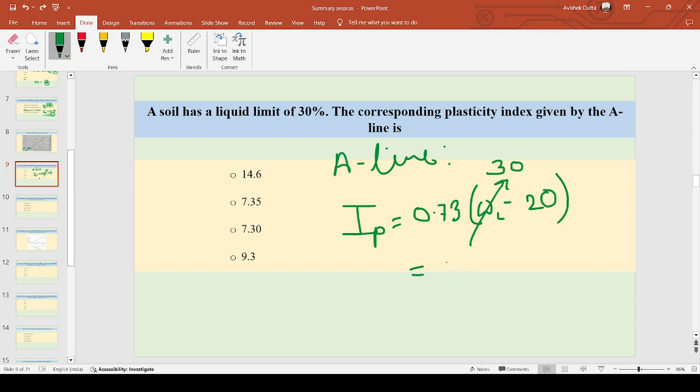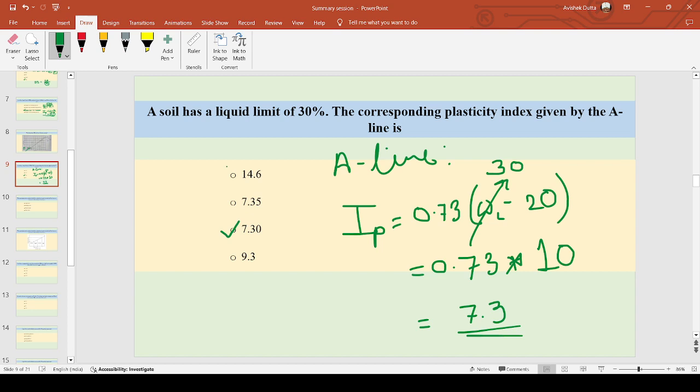It will be 0.73 into 30 minus 20, 10. The value will be how much? 7.3. So a soil having a liquid limit of 30%, the corresponding plasticity index given by the A line will be 7.3. That is the third option.